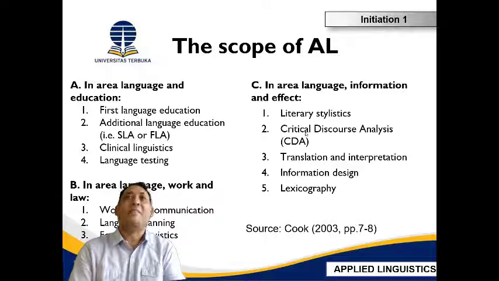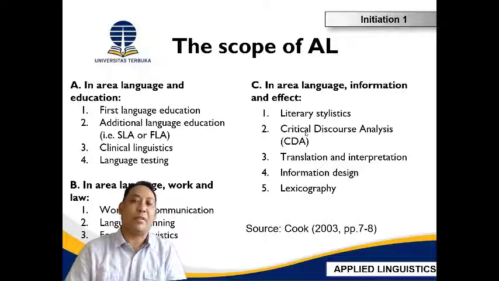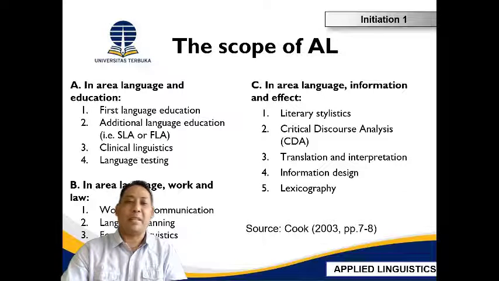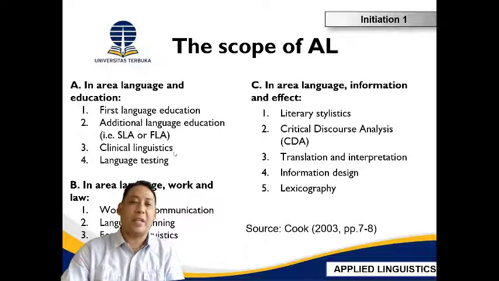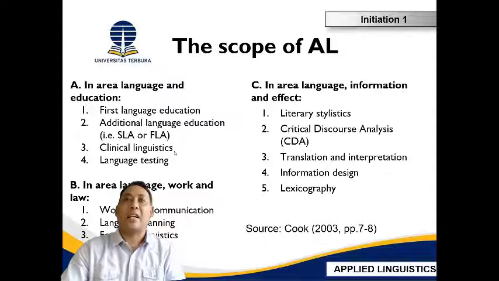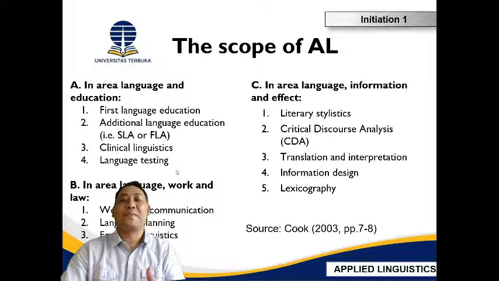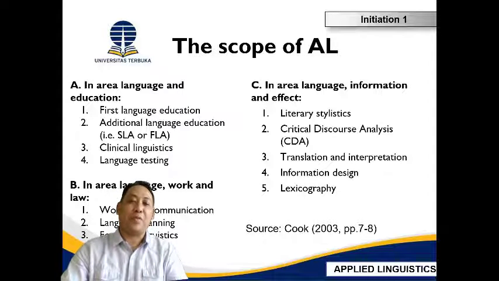beyond the basic information or the basic knowledge that we're supposed to know about linguistics itself. Say, for example, in education, we can talk about first language acquisition, second language and foreign language acquisition, clinical linguistics, or language testing. And in the area of language work and law, workplace communication, language planning, forensic linguistics.